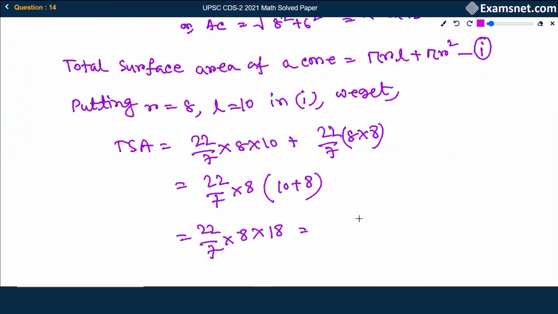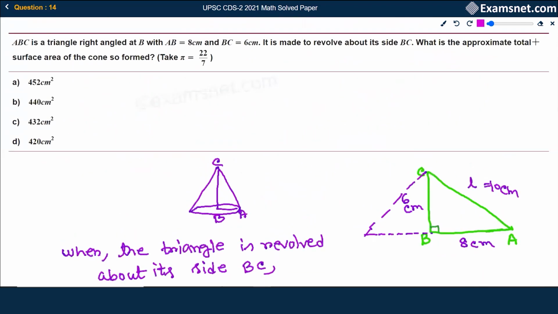This will give us the value 3168 by 7. Since it won't be completely divisible, we will get a quotient in decimal expression. So we round it off and we get the answer as 452 centimeter square. Hence the required approximate total surface area of the cone that is formed is 452 centimeter square. Here option A is the correct answer.